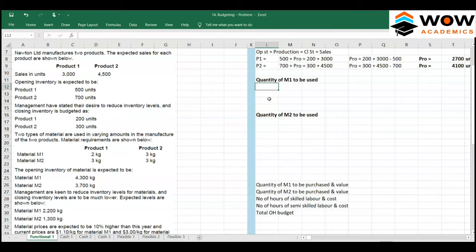M1 used will be 2 kgs in P1, and 2,700 units have to be produced, and also 3 kg will be used in product 2, and there are 4,100 units that would be produced. Let's get the answer.